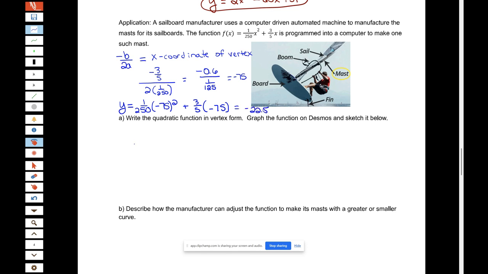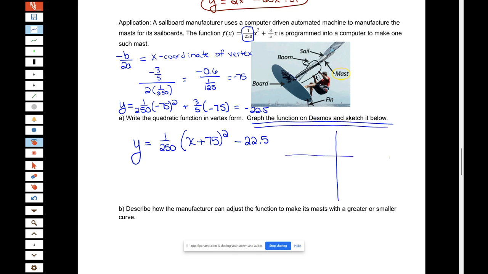So that means in our vertex form, the a value is the same as the capital A, 1 over 250, times (x minus the x coordinate of the vertex). The x coordinate of the vertex is negative 75, so we're going to put plus 75. And the y coordinate is negative 22.5. You can graph this on Desmos to see the sketch of the graph at (-75, -22.5), and get a picture of the graph.